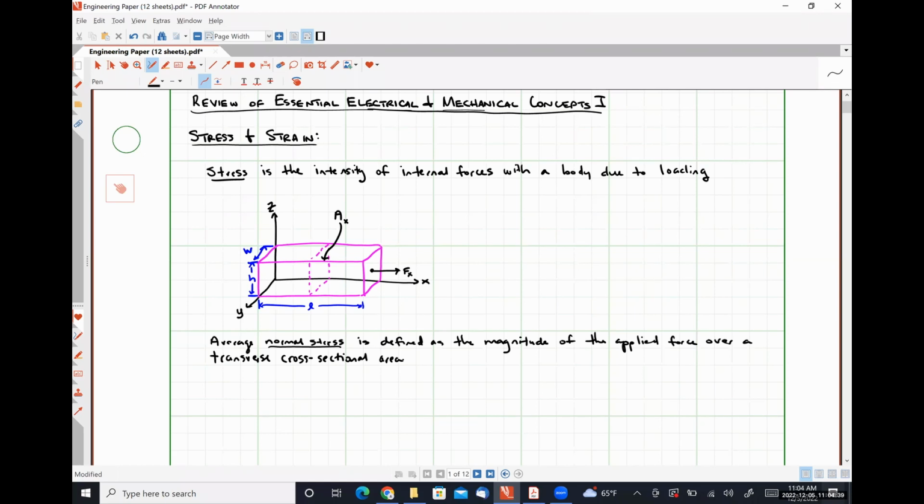Okay, so effectively, the direction of the force and the vector direction of the area are the same, or they're in parallel.